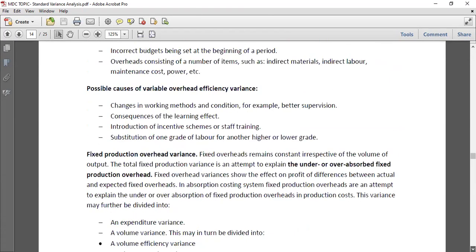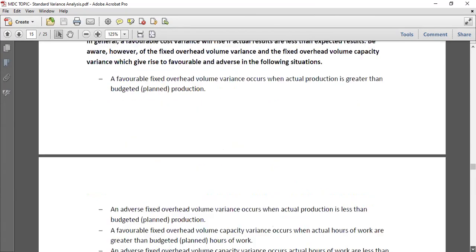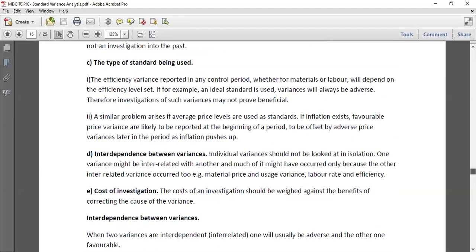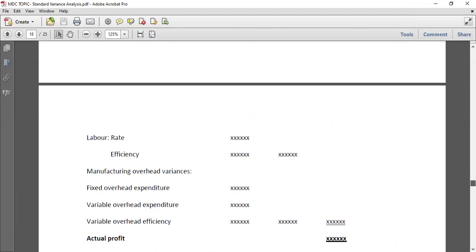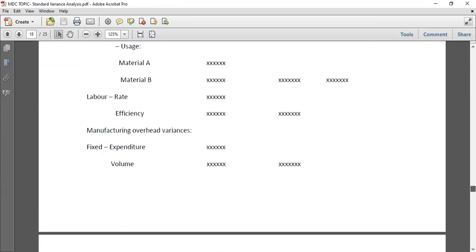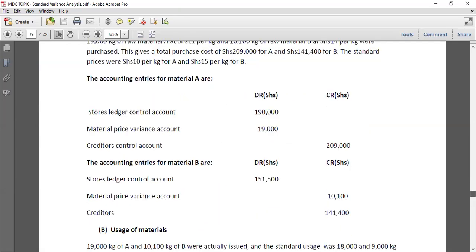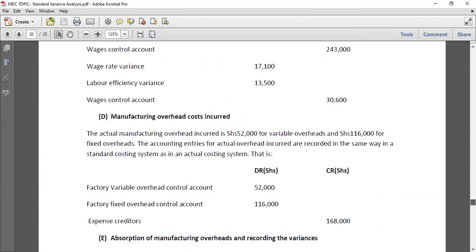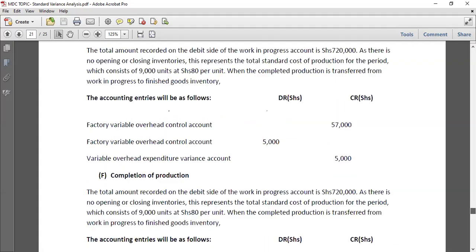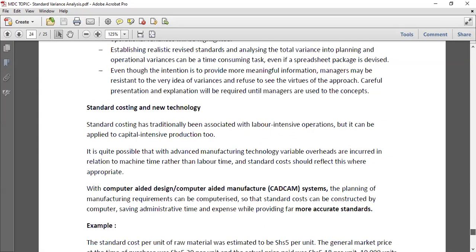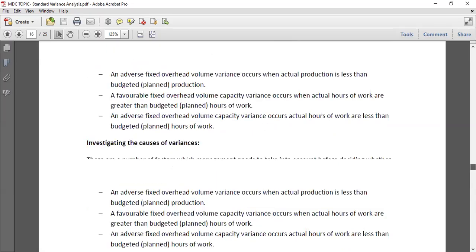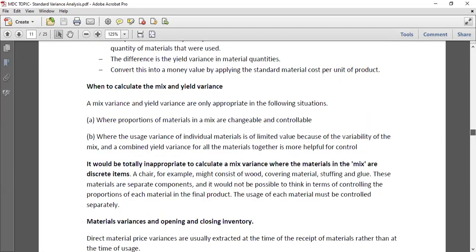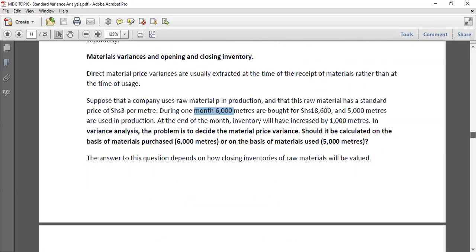I want to see something that can help us understand these variances much better. Let me just try to share this other question. Just give me a minute. So we can try to do this together.